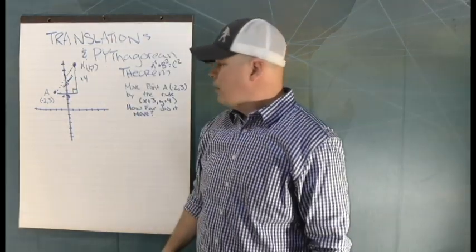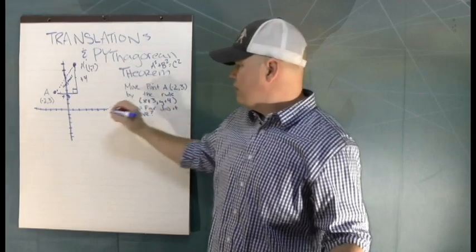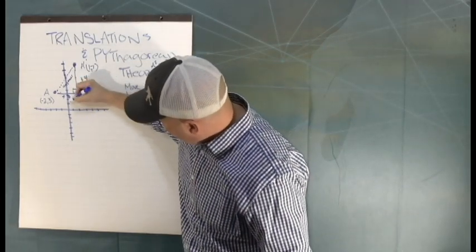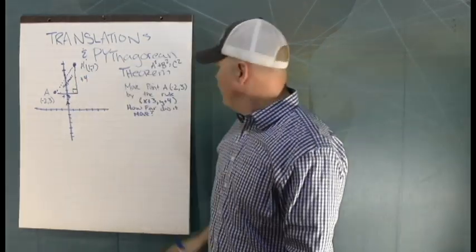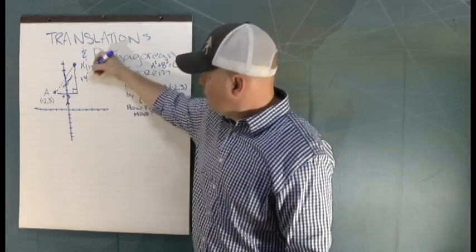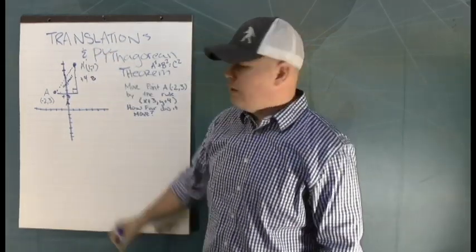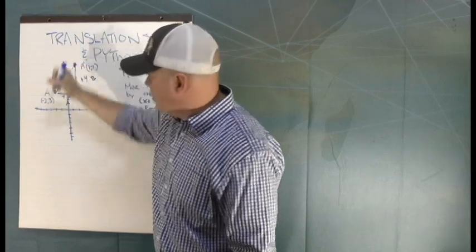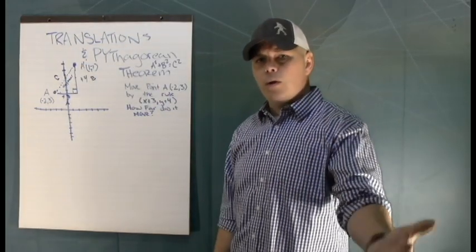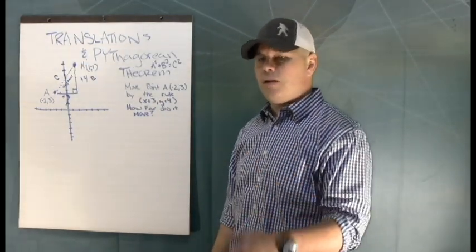Okay? Now, A always represented the short side, but it doesn't really matter, so we're just going to put an A here. B always represents my medium side, so I'm going to put my B there. And my hypotenuse, or the longest side, is always represented by C. So now I have all the components in place. I just have to plug and finish this now.